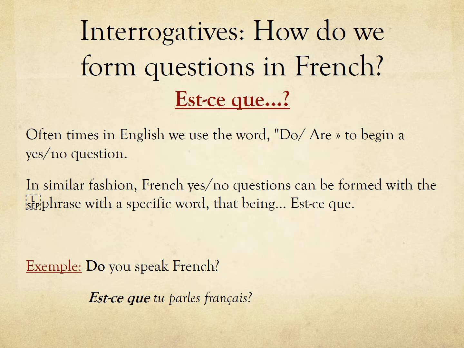There are other ways of forming yes or no questions, which we will go over, but the easiest way is just to add est-ce que to the beginning. So for example, if you wanted to ask the question, do you speak French? One way you could do this would be est-ce que tu parles français?